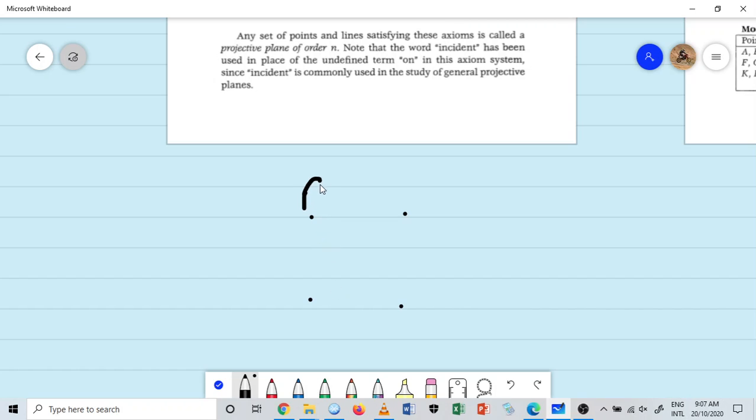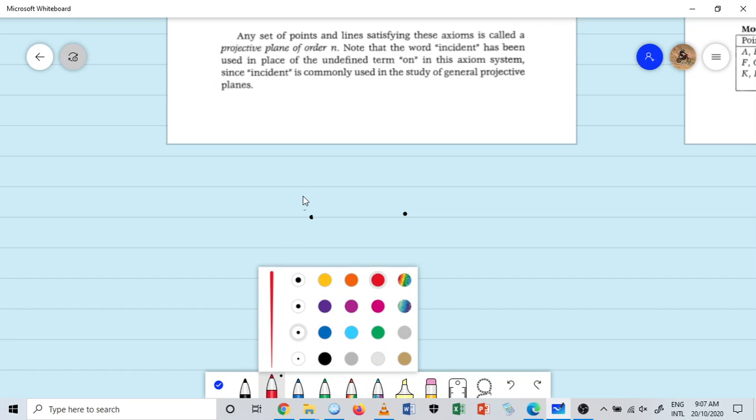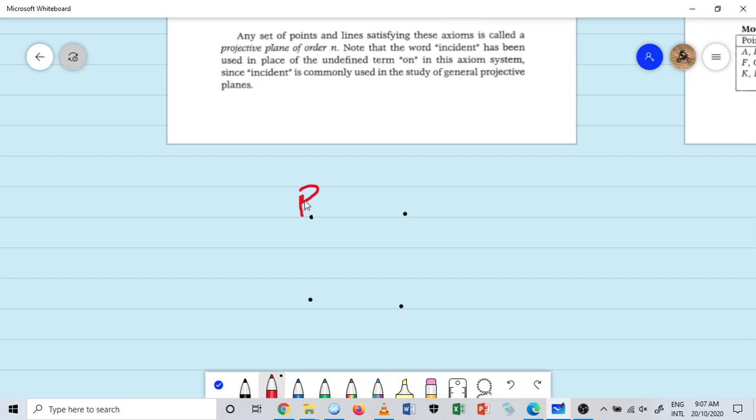So let us call this point P1, this point P2, this point P3, and this point P4. Let us change the color of the labels for distinction.